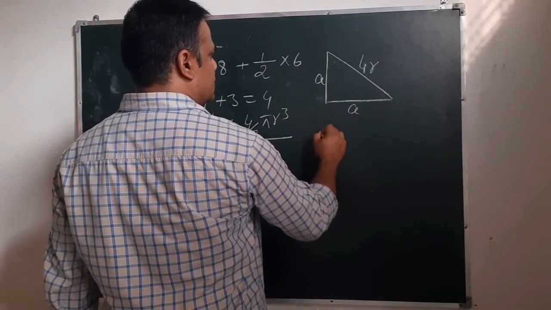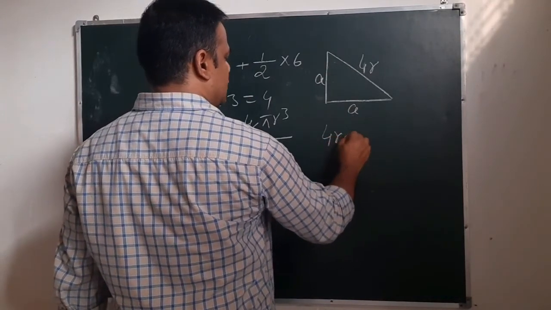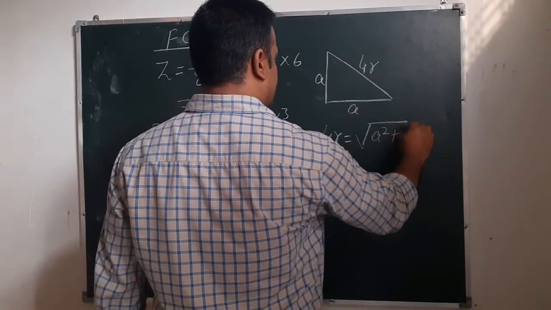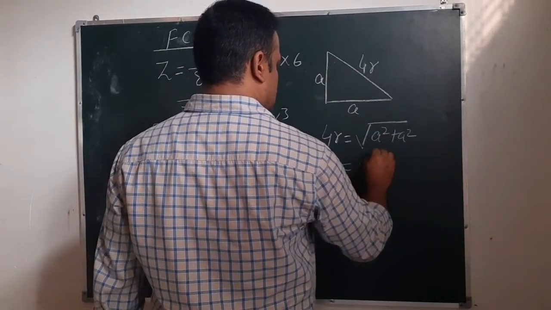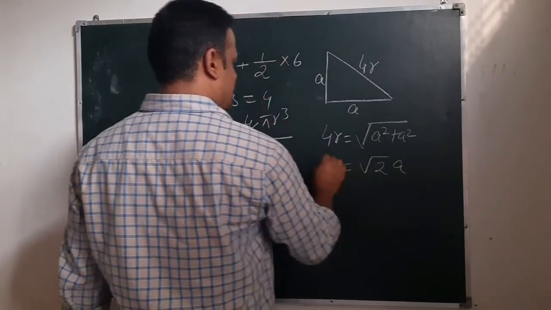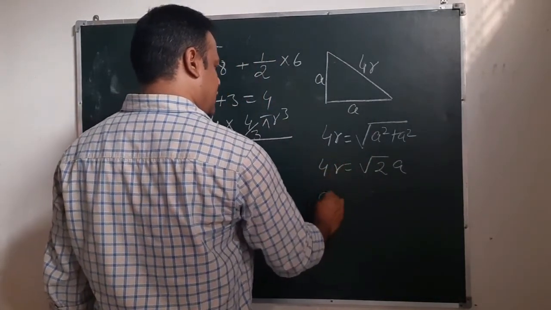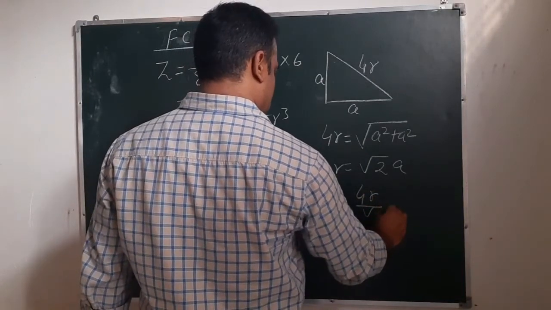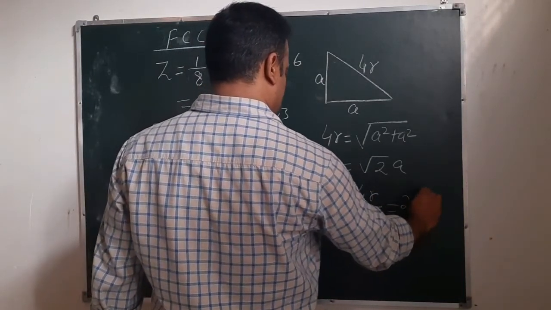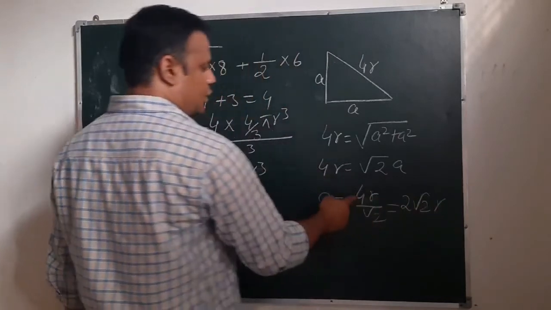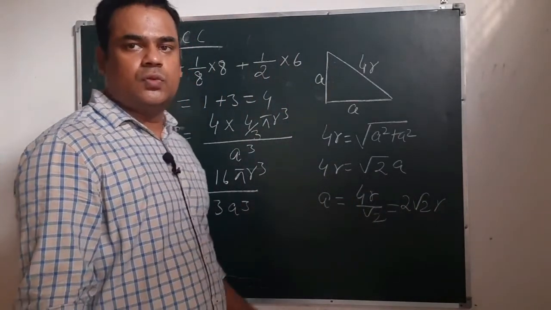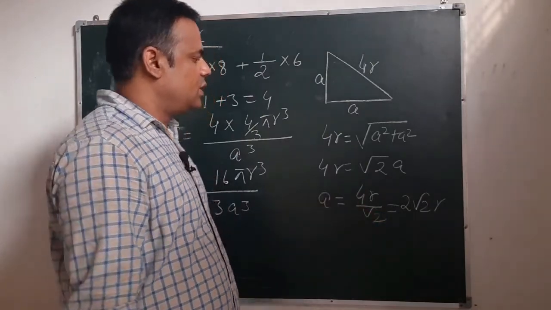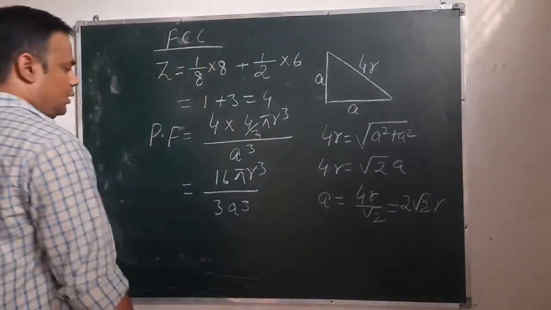So we can write 4R is equal to under root of a square plus a square, and that is equal to root 2 a. So 4R is root 2 a, and from here a will be equal to 4R by root 2, and on solving we get 2 root 2 R, because 4 can be written as 2 into 2, and 2 is equal to root 2 into root 2, root 2 will cancel out, we get 2 root 2.